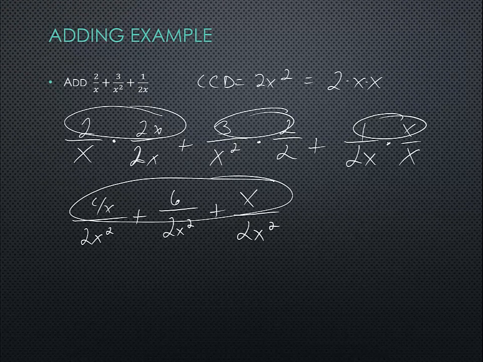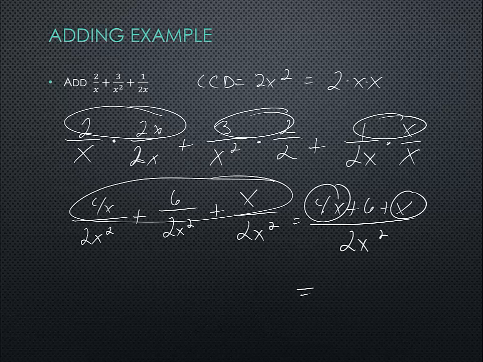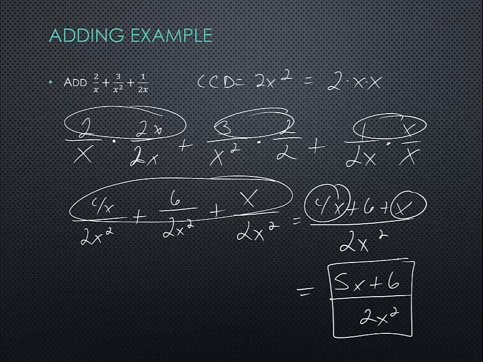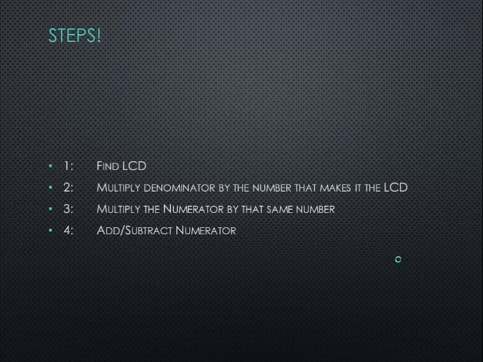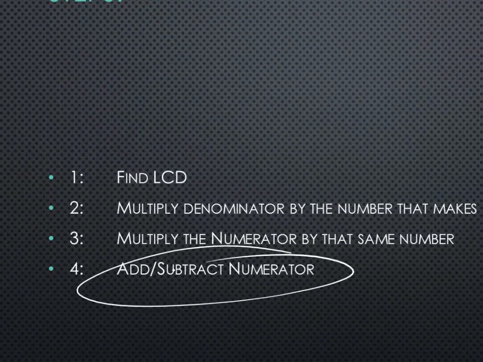So 4x plus 6 plus x over 2x squared, and then add your like terms. So 4x plus x is going to be 5x plus 6 over 2x squared. That is your solution. Okay, so pretty much the steps: find your LCD. Multiply the denominator and the numerator by the number that makes the denominator equal to the LCD, and then add or subtract the numerators.